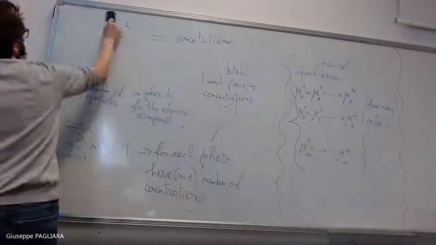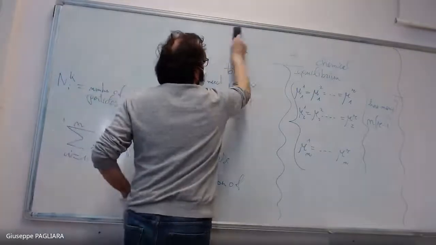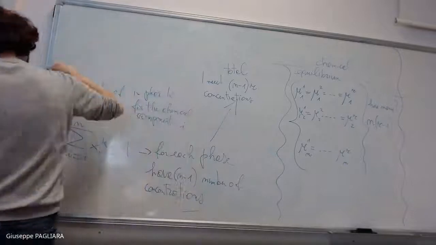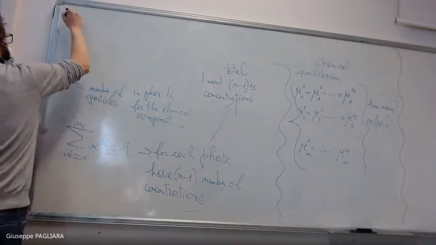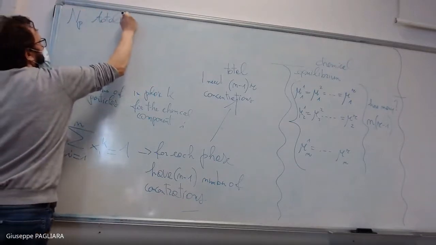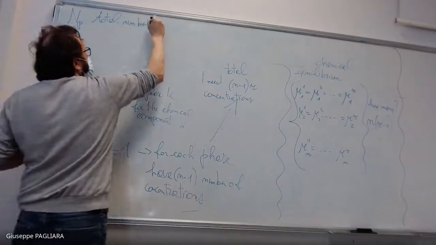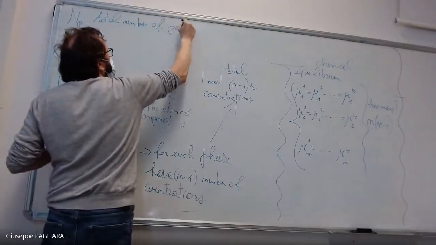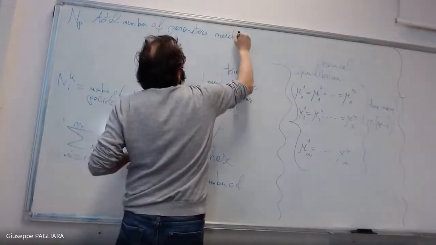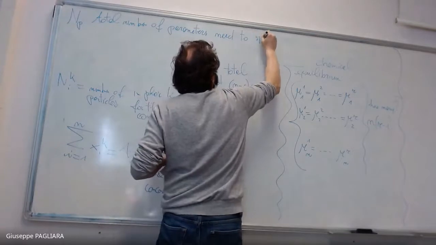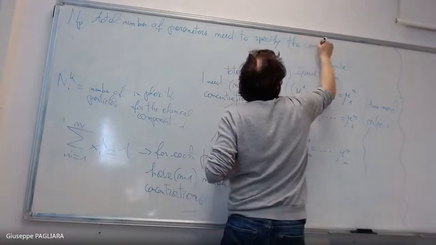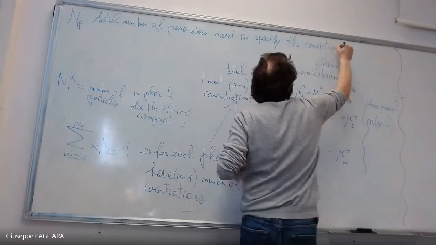So we can now consider the total number of parameters that are needed to characterize the system, which, let's call it NP. This is the total number of parameters needed to specify the conditions of the system.